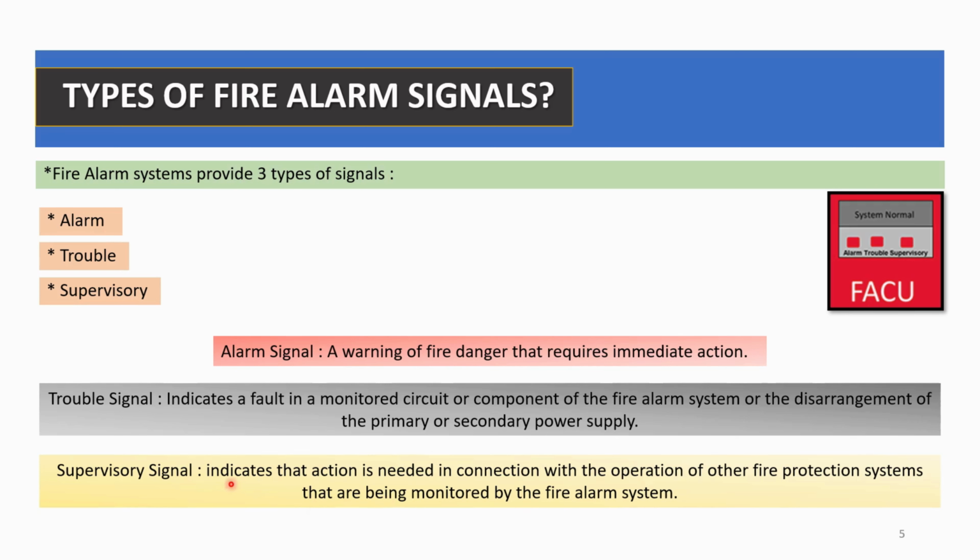If the valves are closed, then the signal will be given to the fire alarm control unit as supervisory trouble. Then we can go to that particular valve and open it, because sprinkler piping valves shall be in the normally open position. If these valves are closed, we will get a supervisory signal on the control panel.